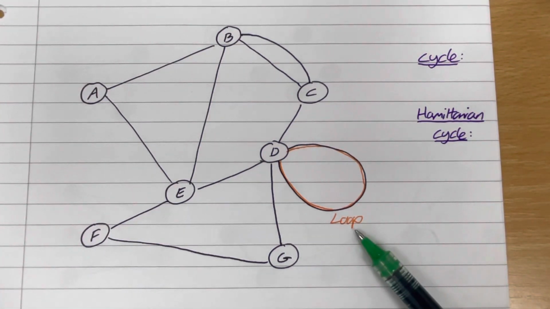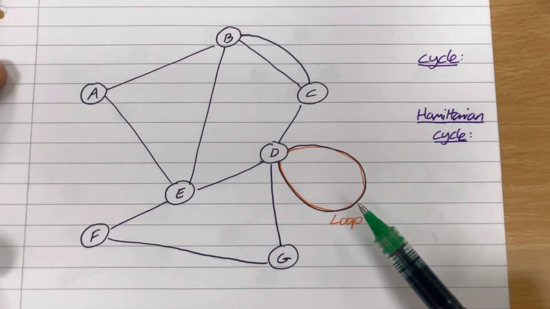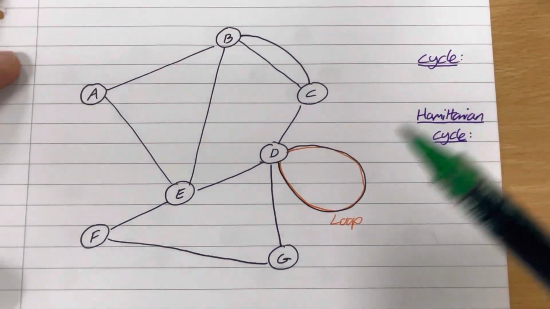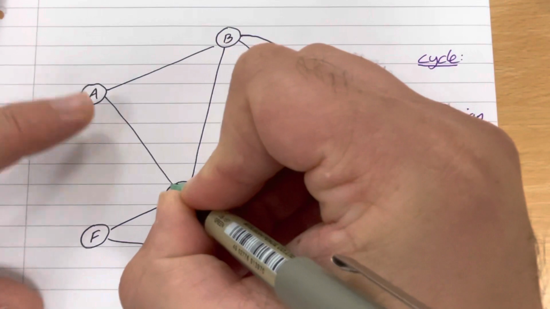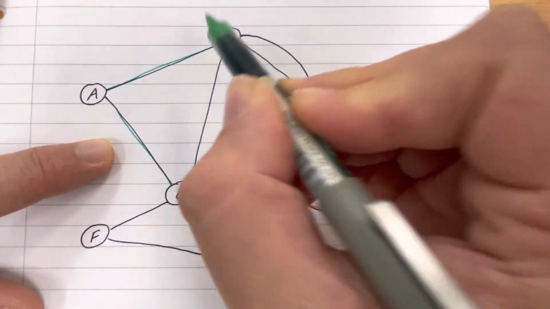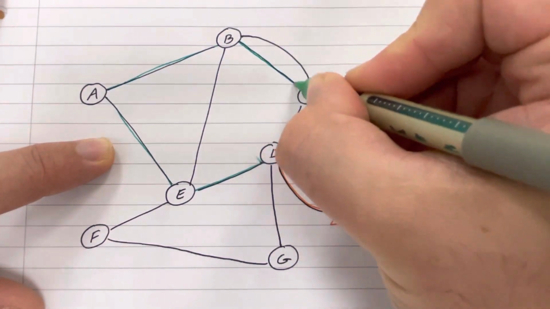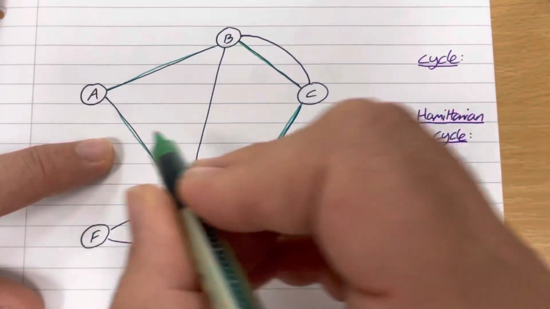Don't get confused between loops and cycles. This is not a cycle. Well, it is a cycle, but loops are always cycles, but cycles aren't always loops. Cycles are paths which move around the graph such that you get back to where you started. So this is an example of a cycle in this graph.